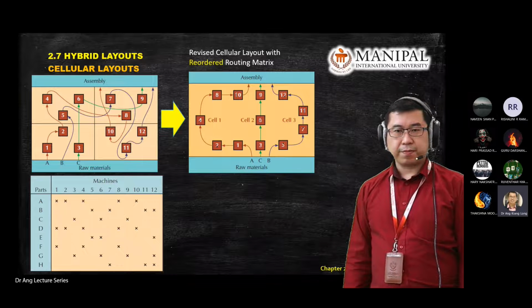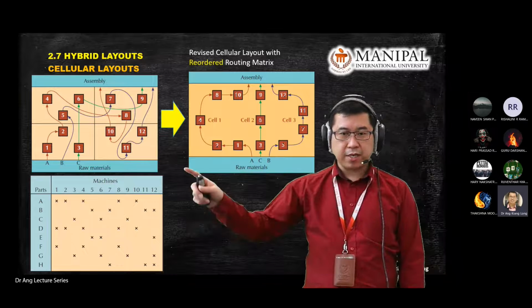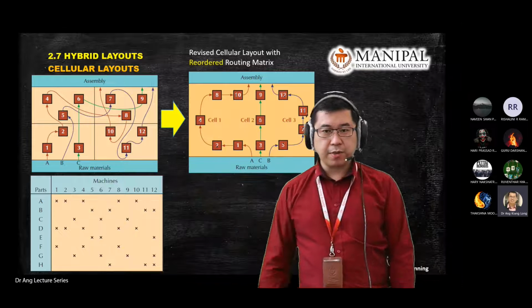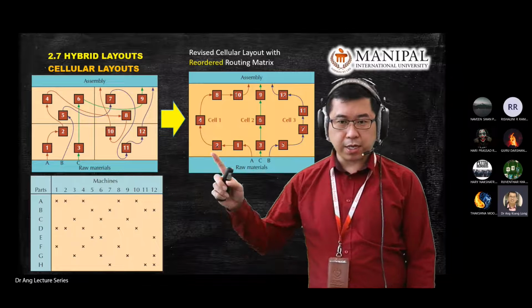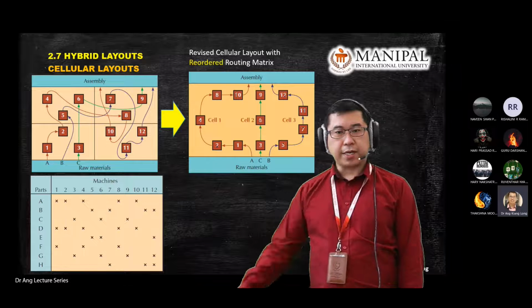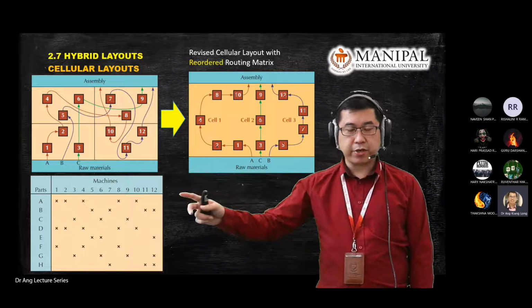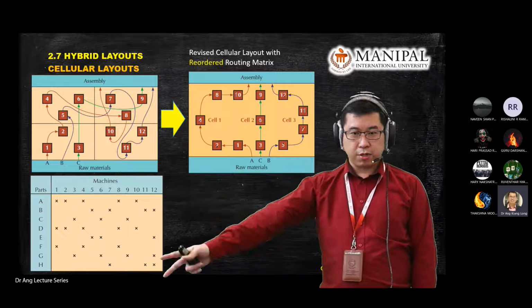There is a procedure to change this one into here, but for this module we do not include that. But for your information, there's a way, and you can use software to solve this.